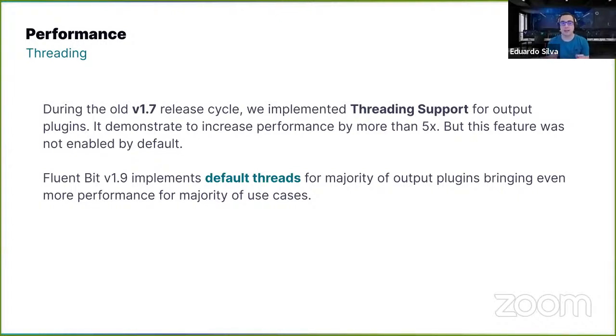You have to say, yeah, workers 1, workers 2. And we found that most users weren't doing that manually. So we said, hey, why don't we enable default threads for most of the output plugins? So now you will see default threading for Splunk, Elasticsearch, OpenSearch, HTTP, but you can also disable that if you don't want workers, or if you want, you might find that you have at least 1 or 2 workers around.